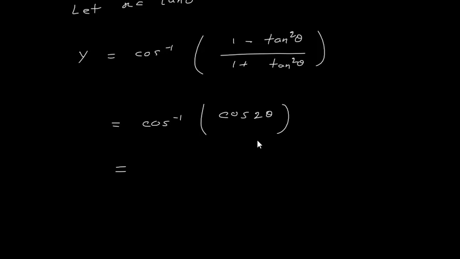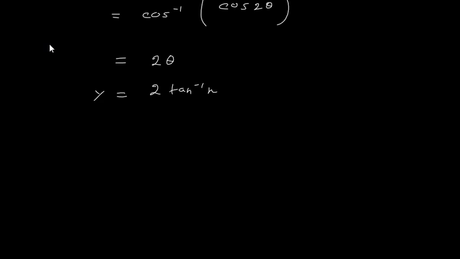So the cos inverse and cos will cancel and I have the result as 2 theta, and theta is tan inverse x. So this is equal to 2 tan inverse x. This is the value of y.